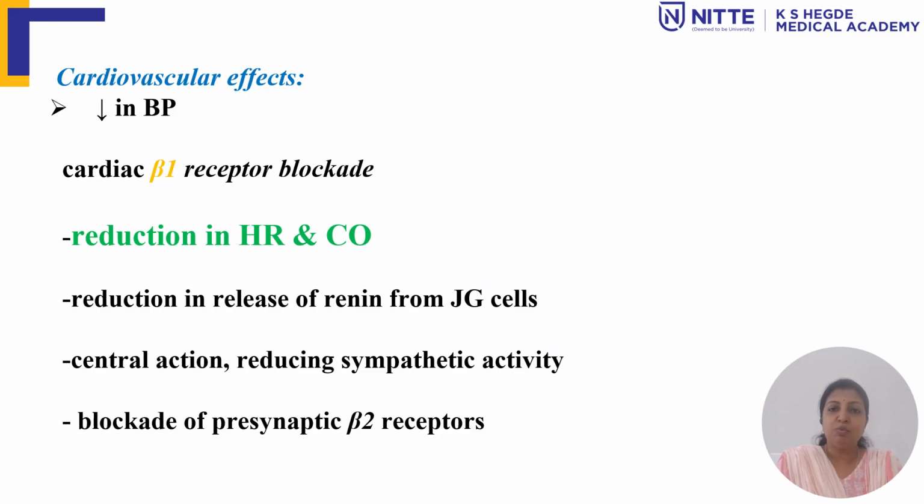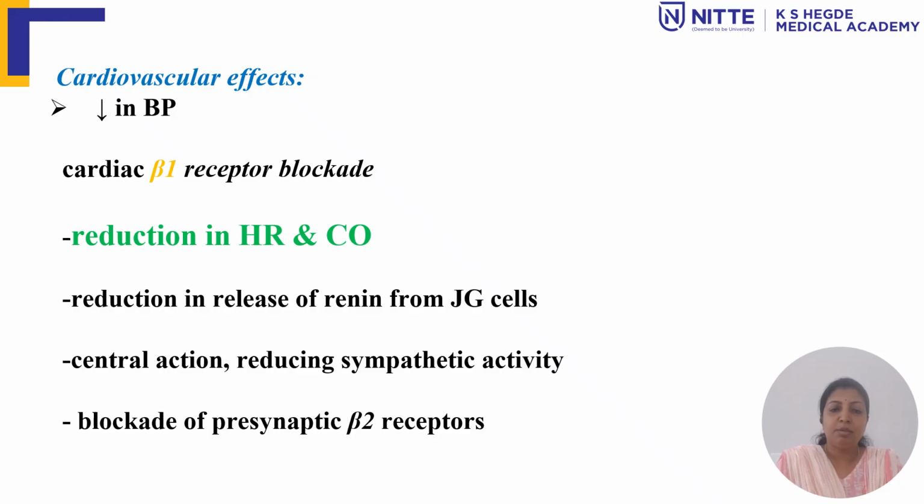There are other mechanisms which can contribute to this fall in blood pressure. That is reduction of release of renin from the juxtaglomerular cells. If you remember, beta 1 receptors are present on the juxtaglomerular cells of the kidney. So when you block the beta 1 receptor, there is reduced renin release. The action is more marked in patients who have high renin levels.